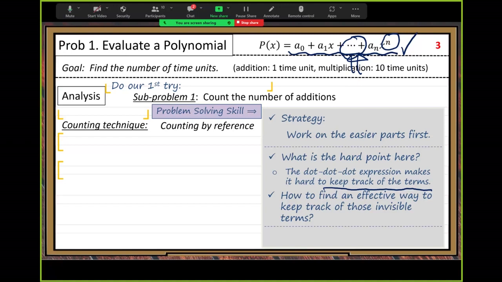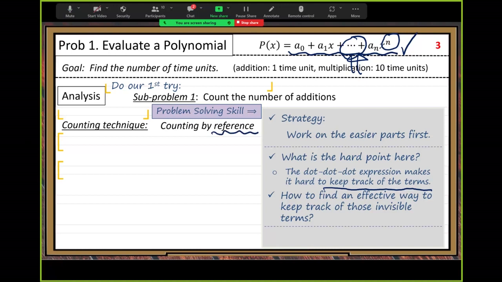It's hard to identify all those plus signs. You see the first few and last few, but how do you identify the missing plus signs in the middle? In order to identify them, we choose appropriate reference objects.